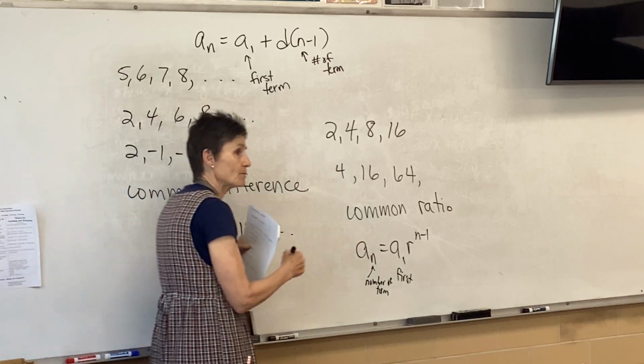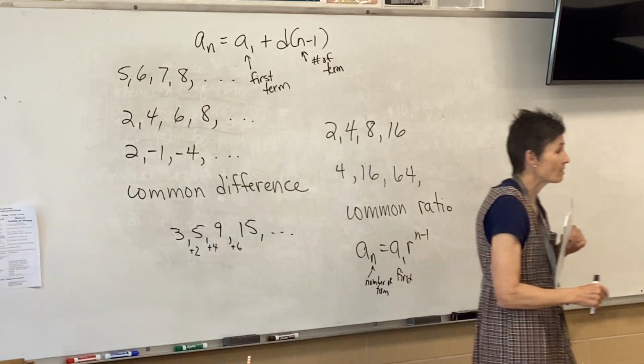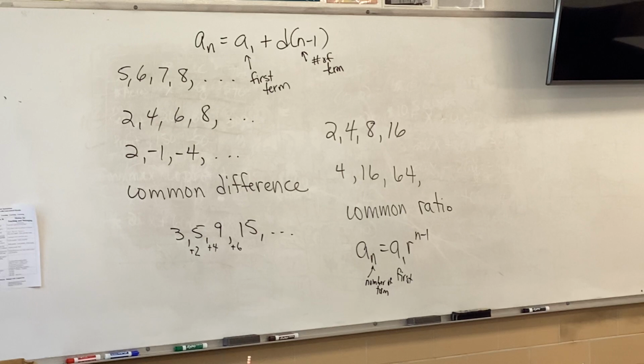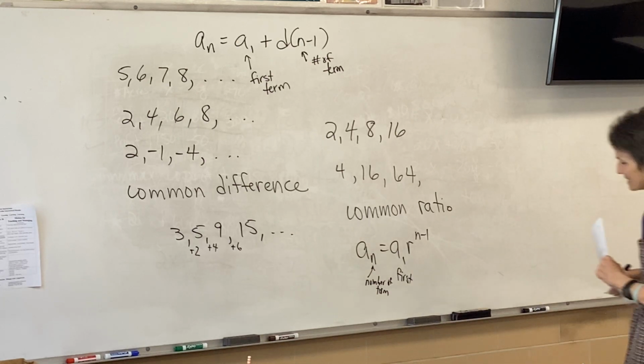Oh, there's a pattern there, 100% there's a pattern there. Could you keep going? Yeah. Is it arithmetic though? No, because what does arithmetic mean? It's adding the same number. You have to be adding the same number, and we aren't. So that is an example of a neither.